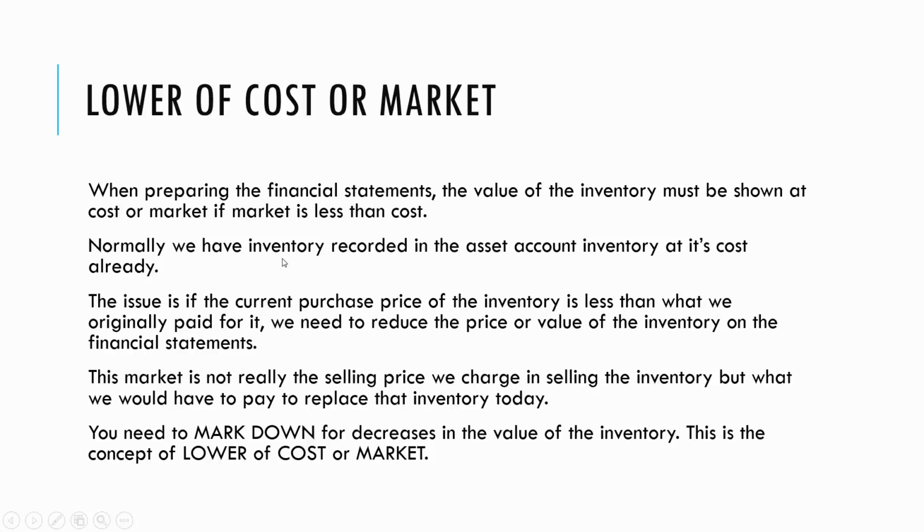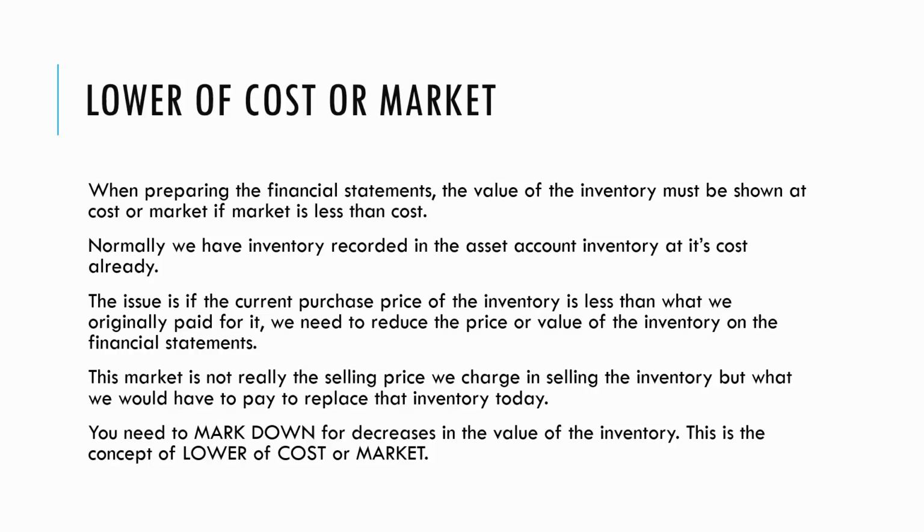So normally we have inventory recorded in the asset account inventory at its cost. And the issue is if we prepare our financial statements and the current value at which a company would be able to buy this inventory is less than what we paid for it.